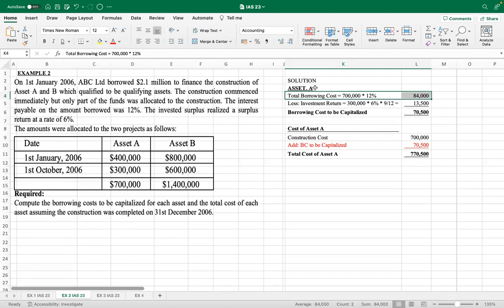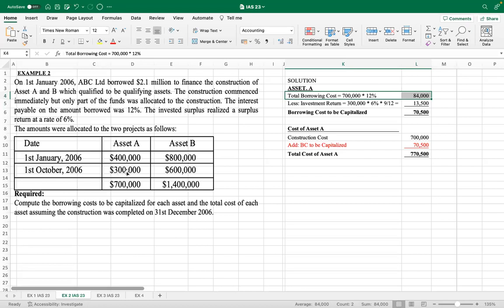Now there is a question I was asked here. Out of this total of 700,000, we only used 400,000 at the beginning of the year. On 1st January 2006, we spent only 400,000.